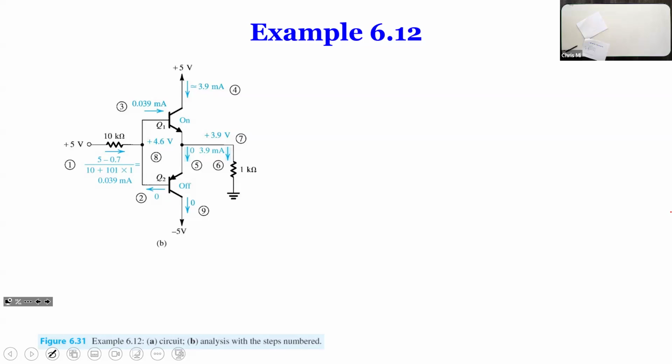Like in this case, we apparently have this bottom one off. That's the final solution. But at this point, what kind of change can we make so that we can make this circuit opposite? We can make it Q1 off, Q2 on. What can you do?